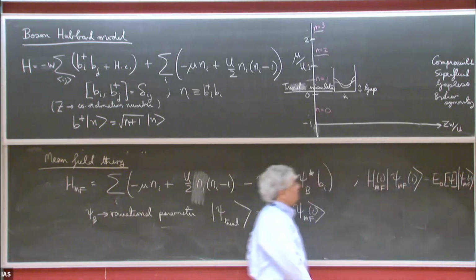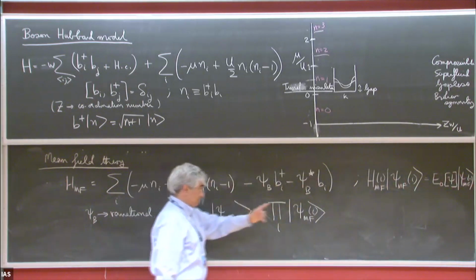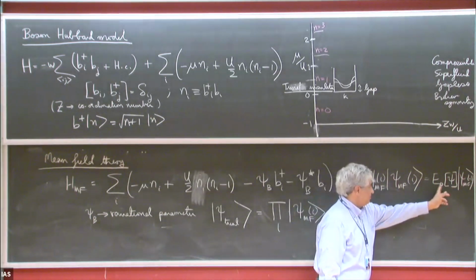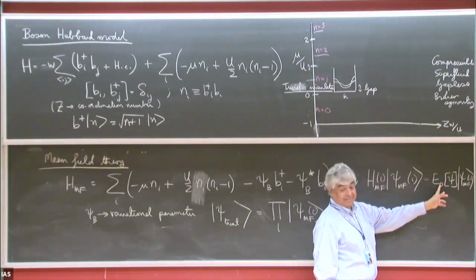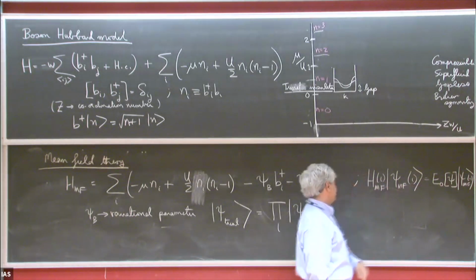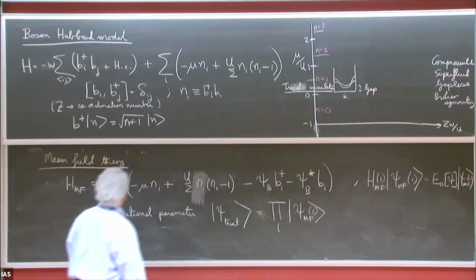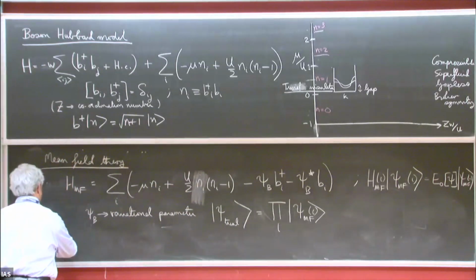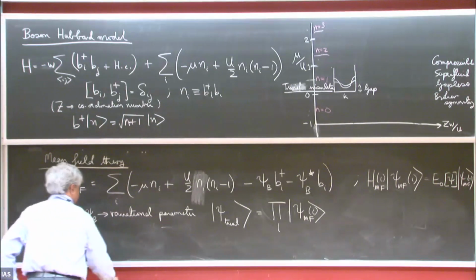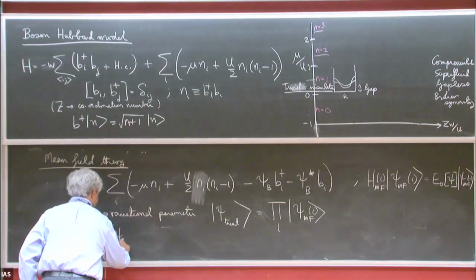Our task is simply to, well, actually not to determine E0. We don't minimize E0 because we're not interested in H mean field. We take this wave function and we minimize the full Hamiltonian. So what we have to do is minimize psi trial.